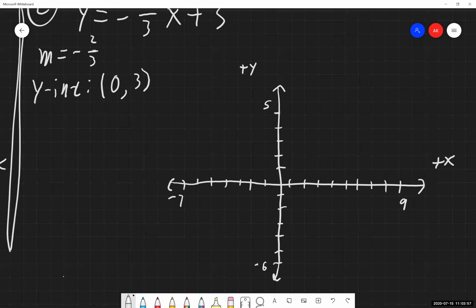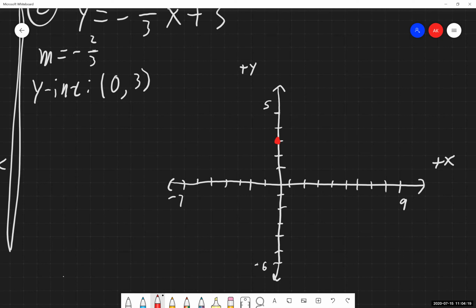So for our y-intercept, we're told to plot the y-intercept on a set of axes. So our y-intercept is at (0, 3). So I'm applying that at (0, 3). Now looking at our slope, it is negative 2 over 3.